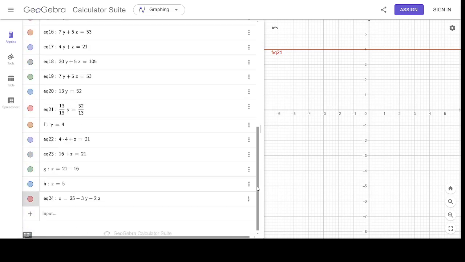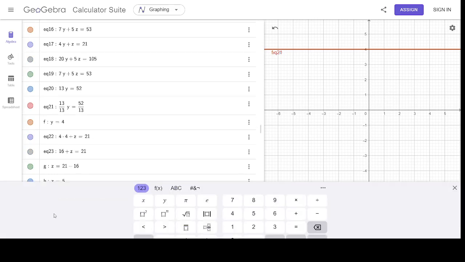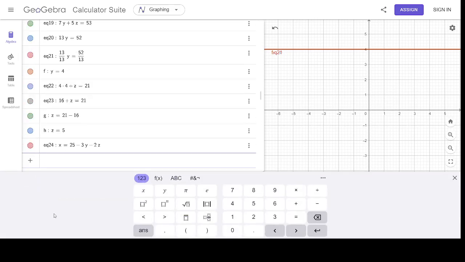Now, to get the value of x, we'll have to substitute y and z. So it is 25 minus 3 into bracket. What was the value of y?